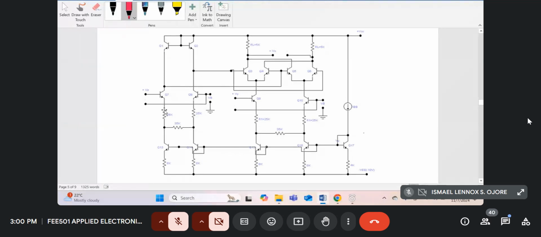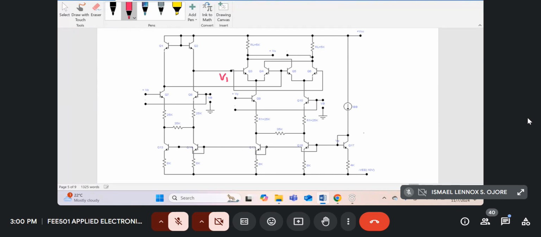Sometimes it's referred to as a pre-distortion circuit. Its function is to increase the dynamic range of the signal that goes to our old V1 signal. Remember our old V1 signal was here. This was our V1 signal.